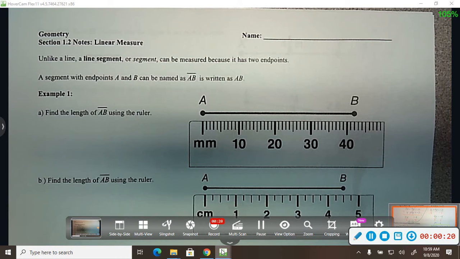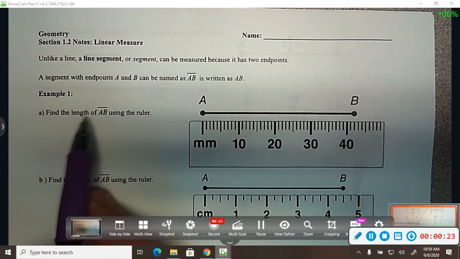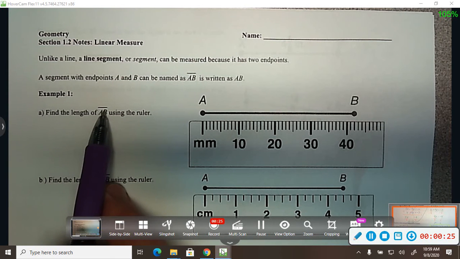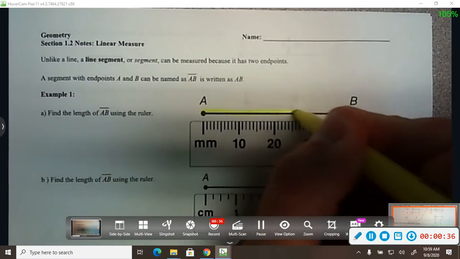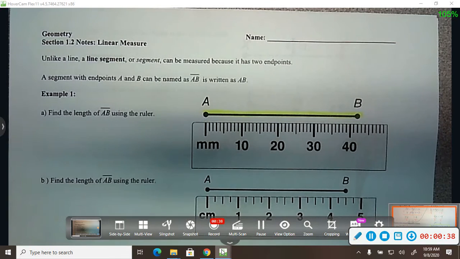So like if I say find the length of, and remember this notation means segment, so find the length of AB, well, I'd say, okay, how far is it from A to B? In millimeters, looks like 40, is that 42?